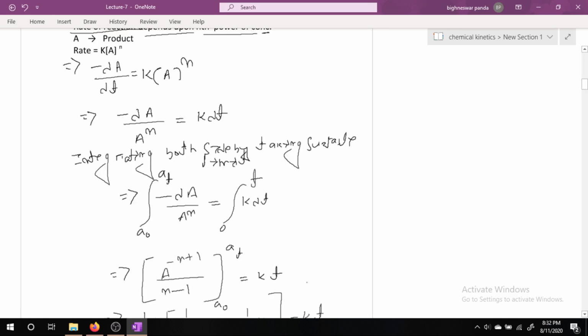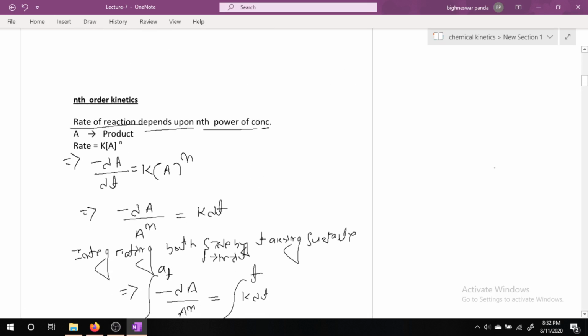Now we have to calculate t half for nth order reaction.